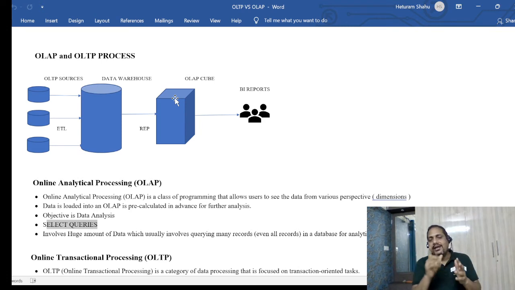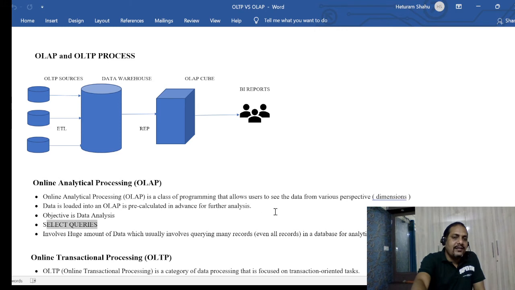Okay, that only happens in OLTP: insertion, deletion, and updation. Here everything is already stored in the data warehouse. We just want to run the select query, and based on that we want to group by. You want to group the data and get some meaningful information for our analysis purpose or for our business decision capability.